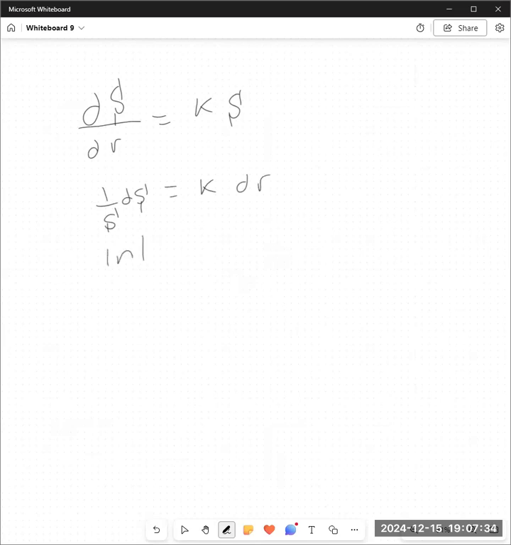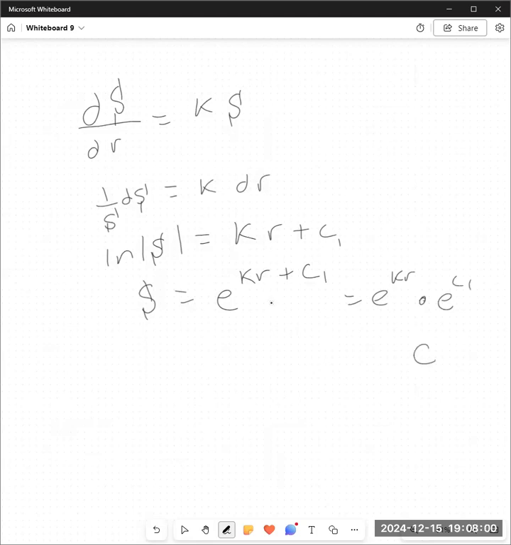So ln of the absolute value of s is equal to kr plus c. So s is equal to e to the kr plus c. So that's c1. So this is e to the kr times e to the c1.